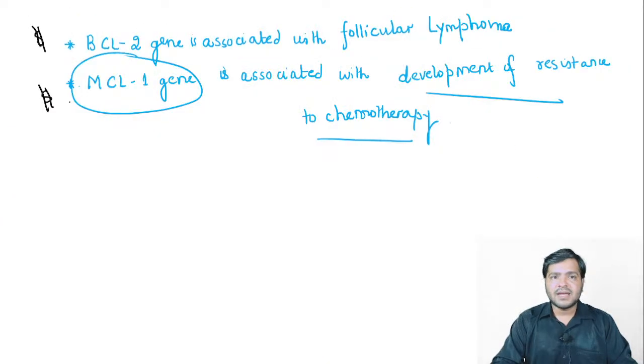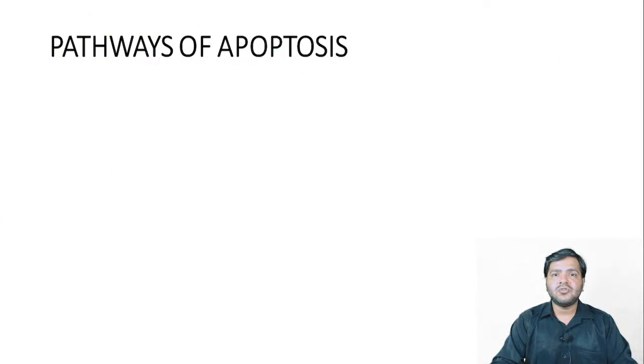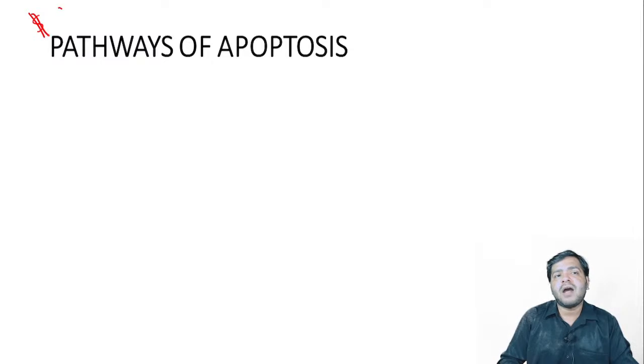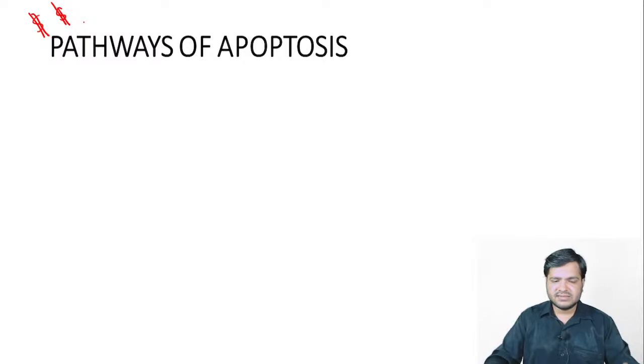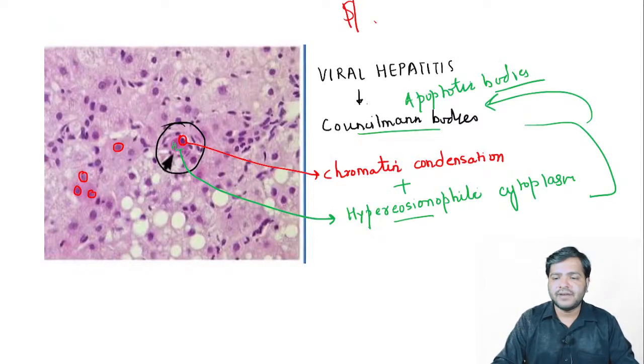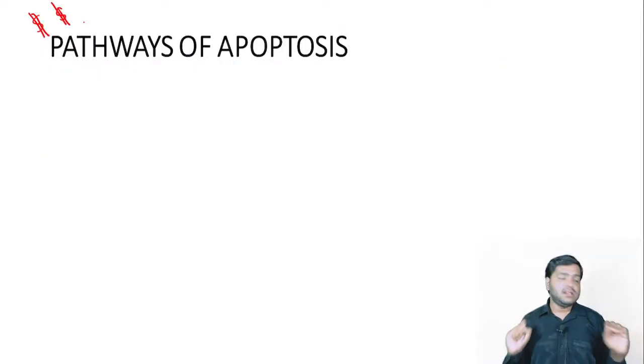So just give me a thumbs up, guys, that you all are with me and have written all the notes up till now. And then I will be discussing a very important topic right here in front of you, that is pathways of apoptosis. Just give me a thumbs up, guys, that you all have written, understood, learned.